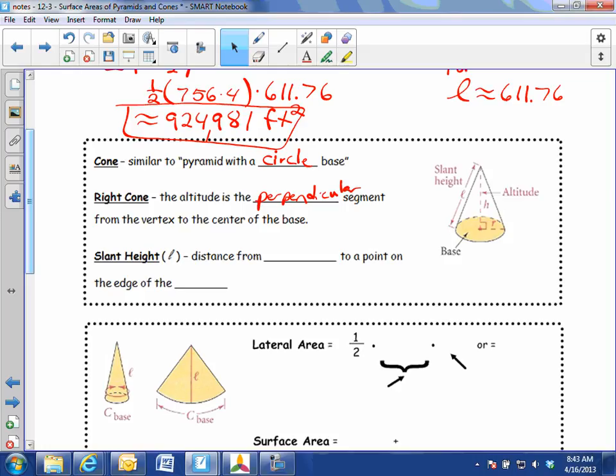So from the middle to the top, that would be our height. And again, we still have a slant height, just like we have with the pyramid. Slant height goes on the outside. So slant height is the distance from the vertex, which is the top point, to a point on the edge of the base.